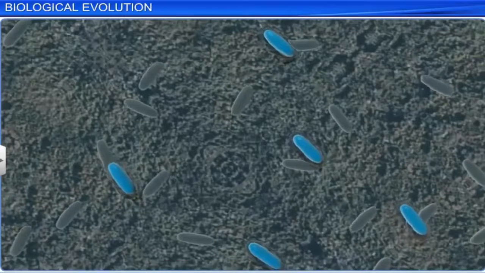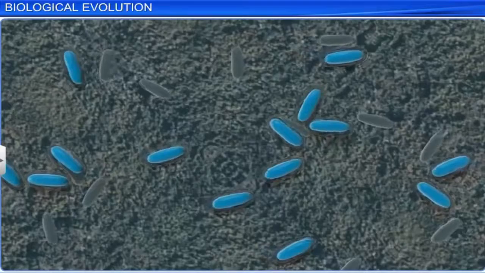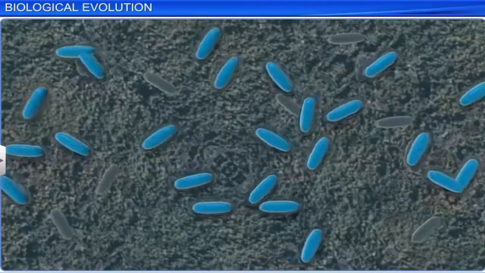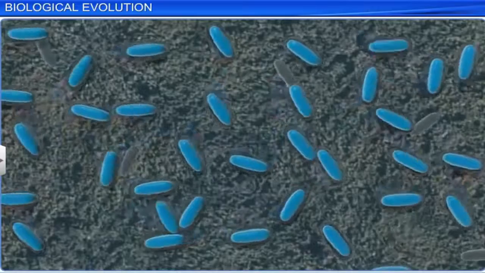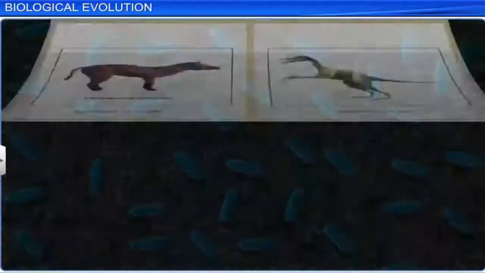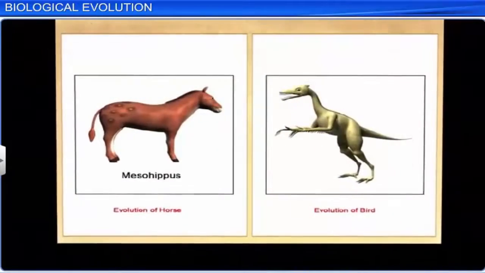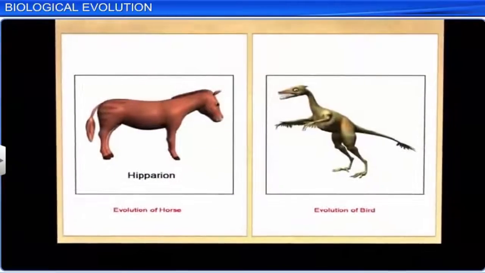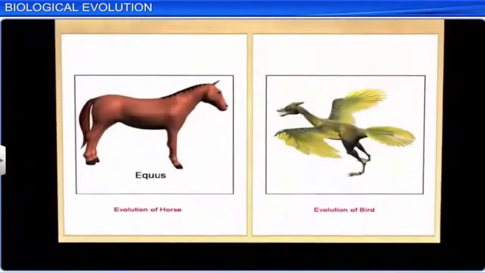In a matter of a few hours, this variant population will breed further, pass on their new traits, and establish themselves as a completely new species. On the other hand, in animals or birds, the same evolution will take place in millions of years, as their lifespan is comparatively longer.